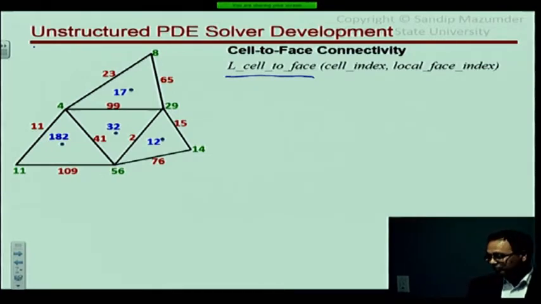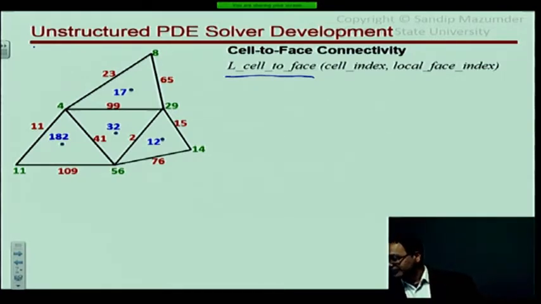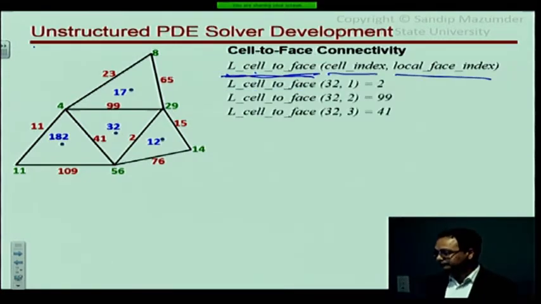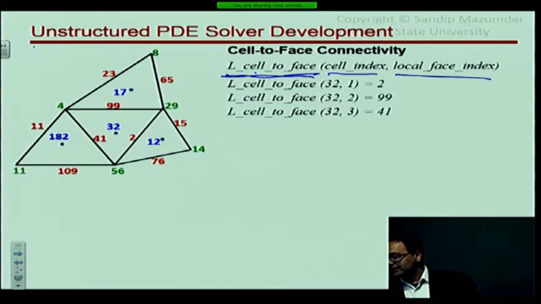So for example, if I call my cell-to-face connectivity as link from cell to face, that's what this means. Okay, so it has 2 indices, cell index and a local face index. So here's an example. So I'm saying link from cell to face of cell number 32, that's this guy, face number 1, this is the local face number. Okay, and this stores the global face number. So local face number 1 becomes global face number 2. So it's storing that number.